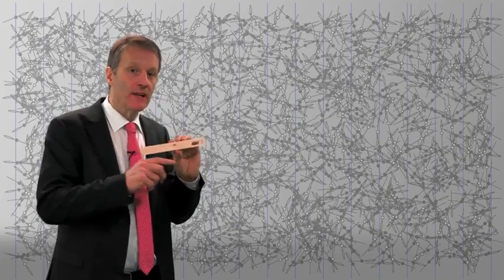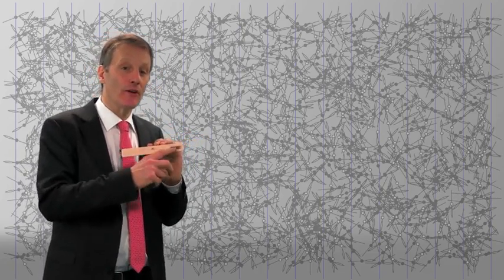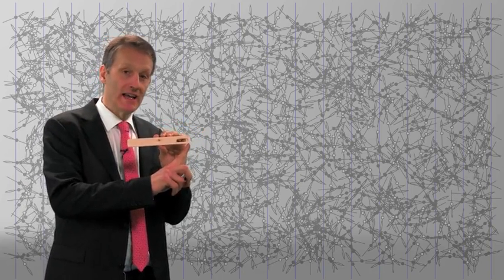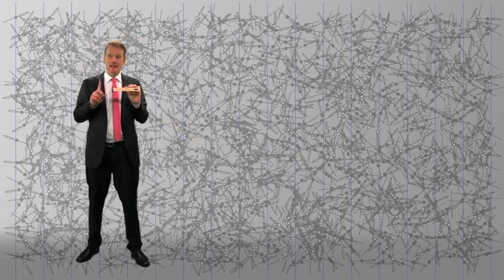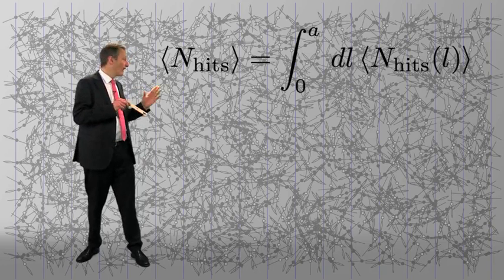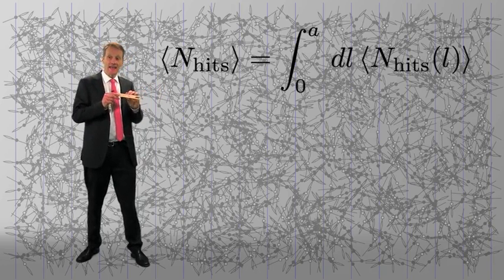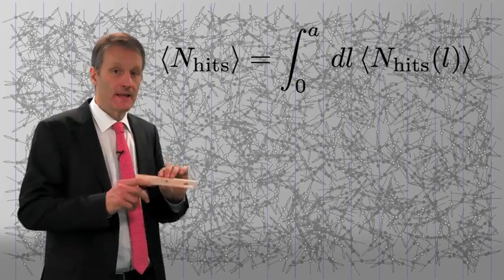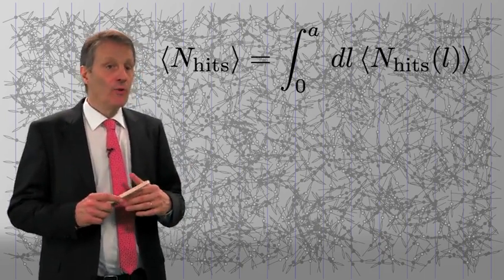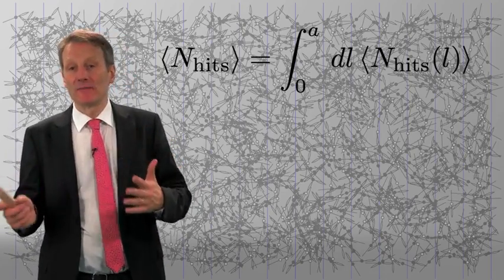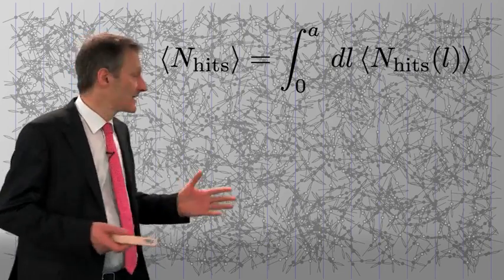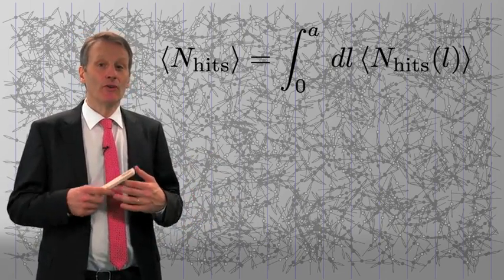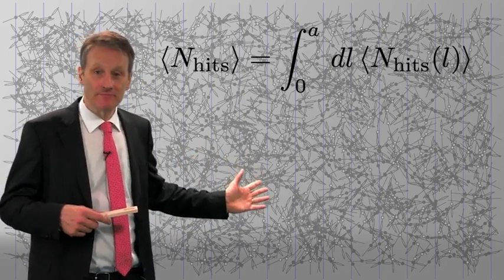Mathematically speaking, we can introduce an internal variable L that goes from 0 to A, and n hits can be written as an integral over L from 0 to A of n hits of L. Now we can go into a mathematical argument and a probabilistic reasoning, but it is much easier to look at this question experimentally.